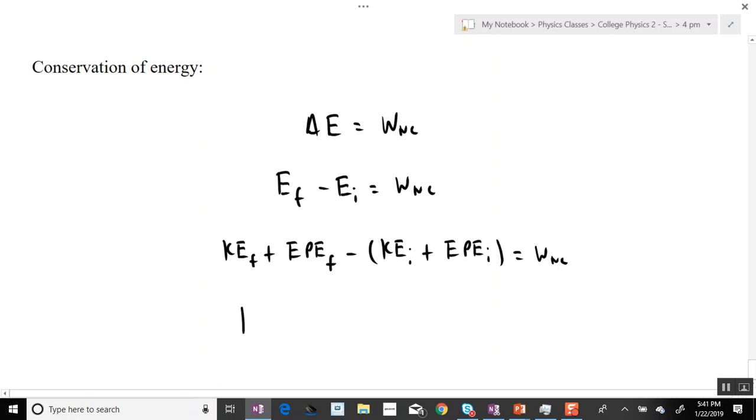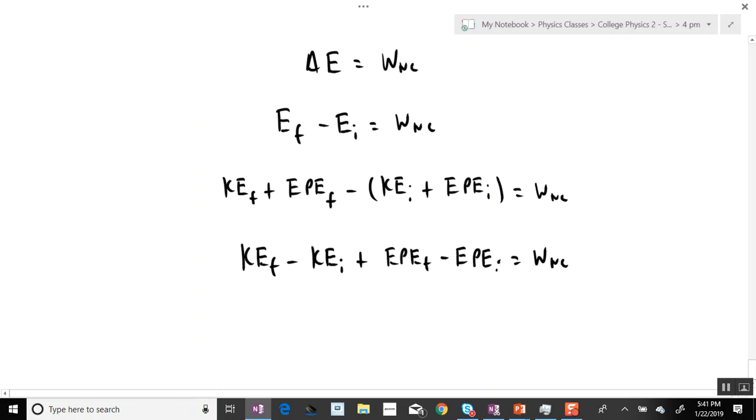So what you get is this, which is delta KE plus delta EP. We're going to use it a slightly different way on Thursday, but it's close enough. So that's what we know. We know the delta EP, that's what we found. And that's equal to WNC.